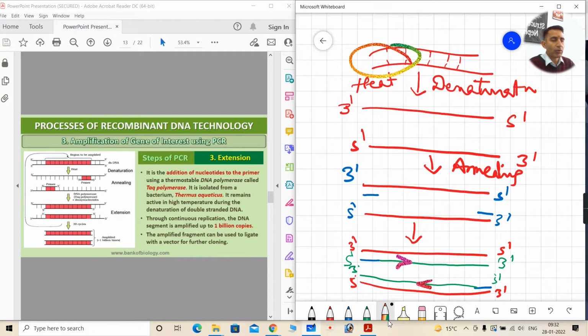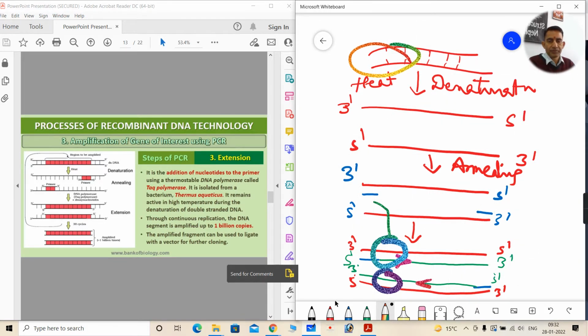How many DNA segments were made from one DNA, beta? One double stranded DNA has made 2 double stranded DNA, and these 2 DNA will act as 4 template strands again, and new DNA copies will be made again and again. This cycle will continue, and in very few minutes we will be getting 1 billion copies of our desired DNA.